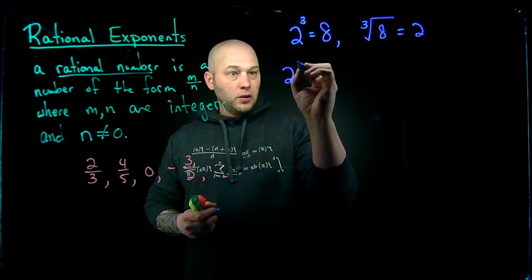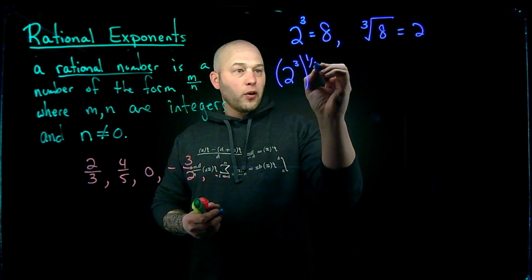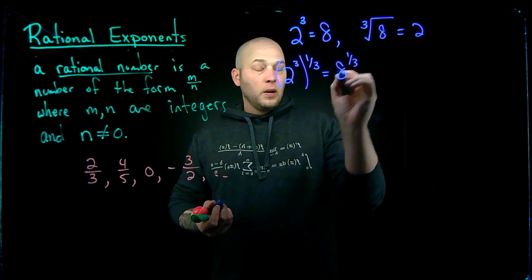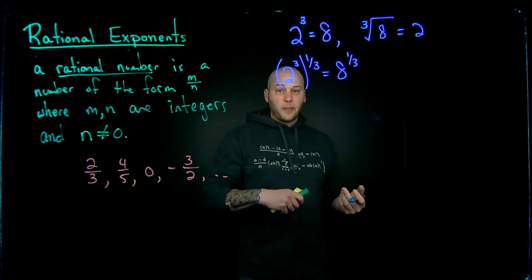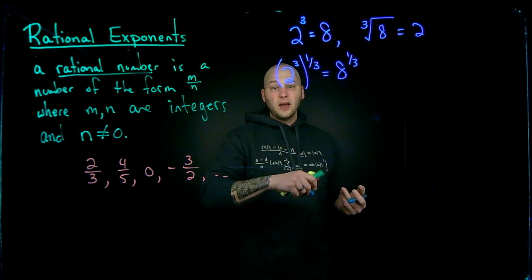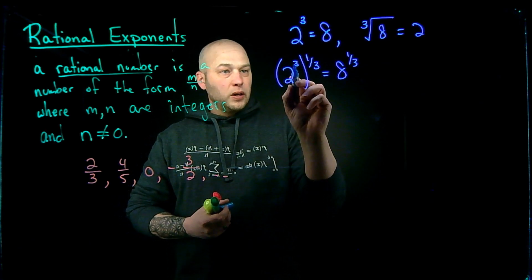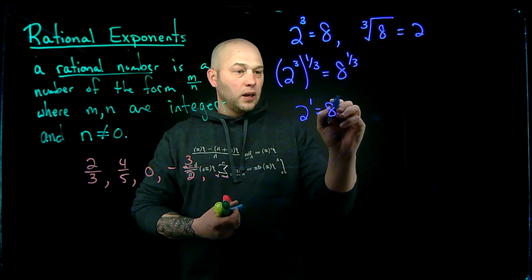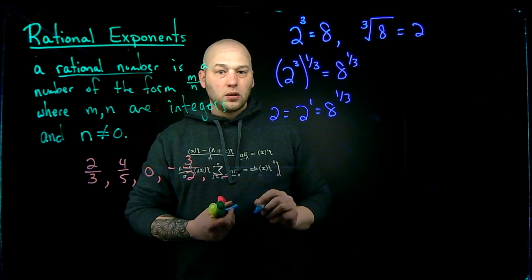What I'm going to do is take both sides to the 1/3 power. Whatever that means to have an exponent of 1/3, it's a real number, and we know how to use properties of exponents to combine it on this side. Of course, power to a power you multiply. So 3 times 1/3 is 1, so this would be 2 to the first is equal to 8 to the 1/3. And of course, 2 to the first is the same thing as 2.